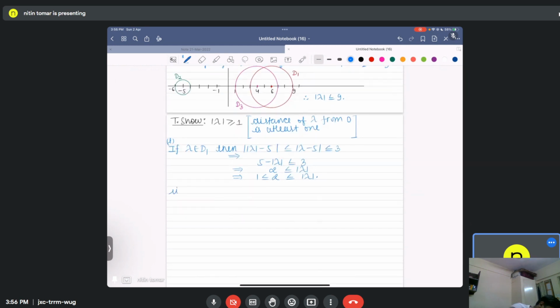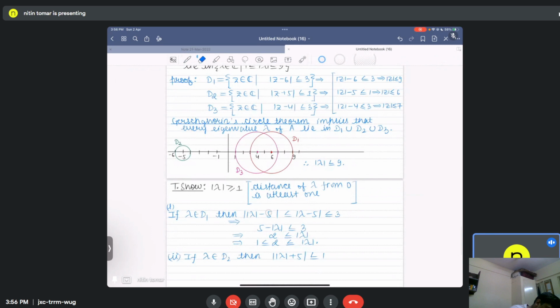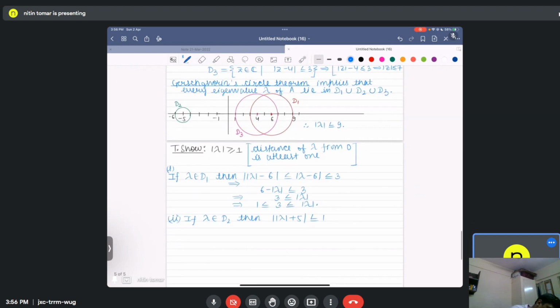Now if lambda belongs to D2, then again you use the triangle inequality, and you will have mod lambda plus 5. Oh, sorry, it should be 6. Again the reverse triangle inequality.